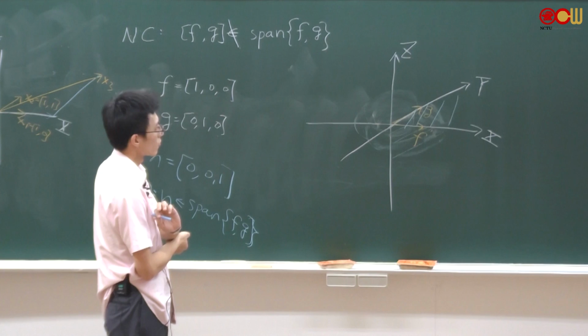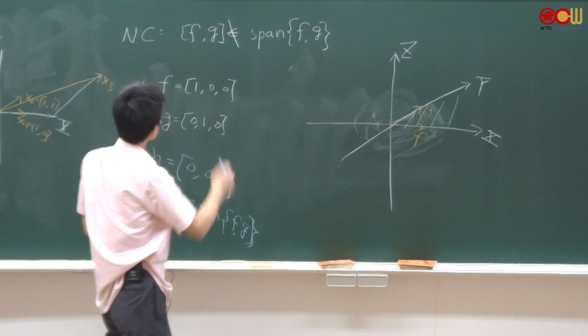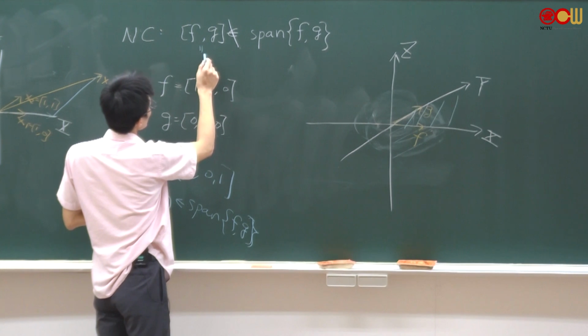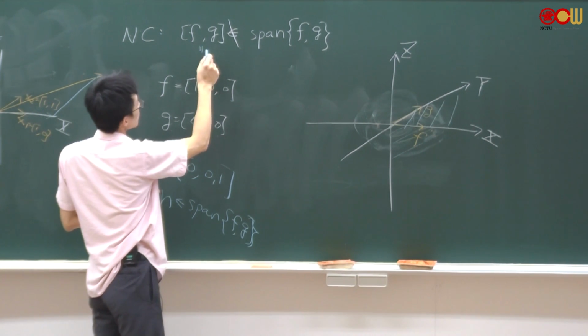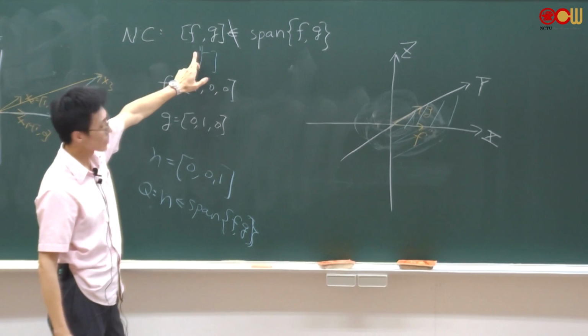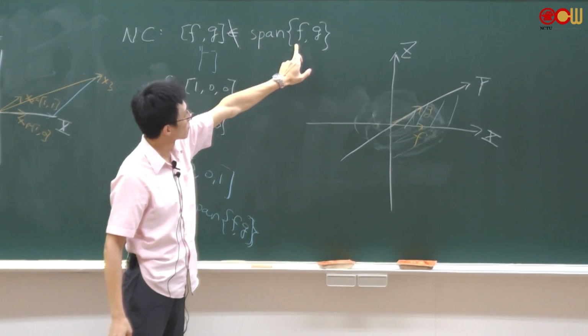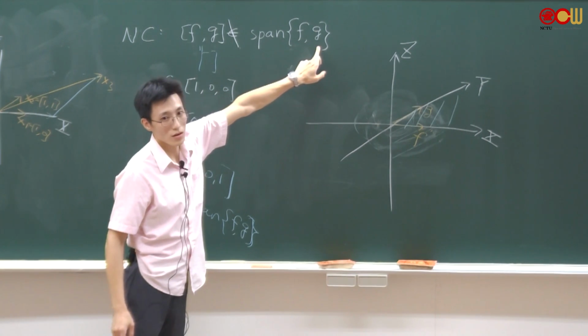The necessary condition for controllability is the lie bracket of F and G, which is also a three-dimensional column vector, right? This column vector can belong to the space of the combination of F and G, okay?